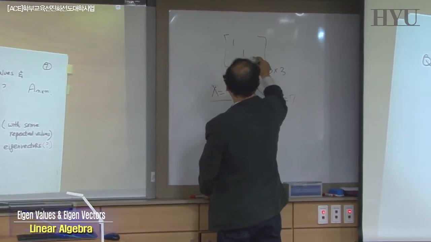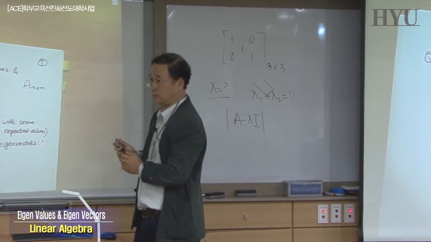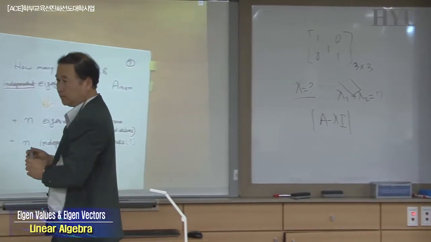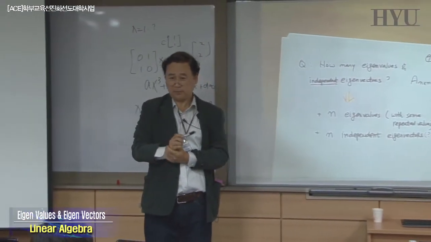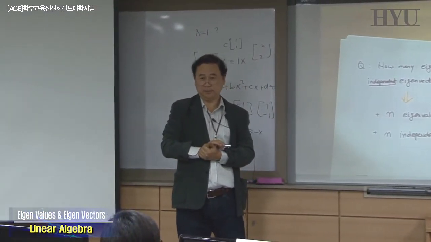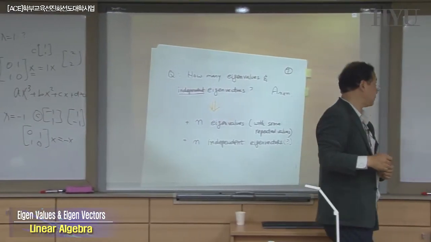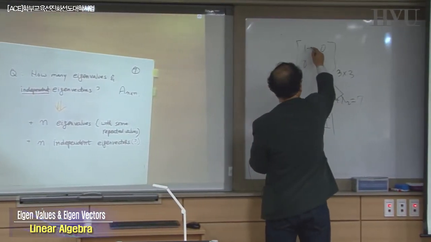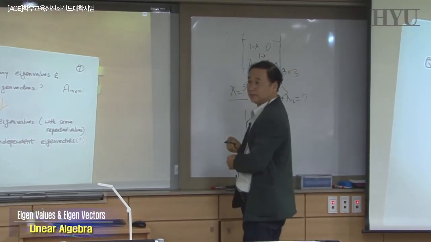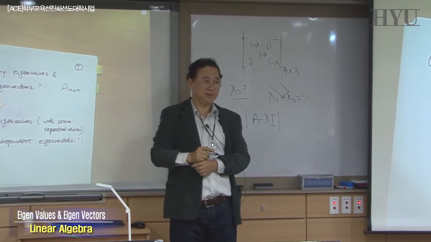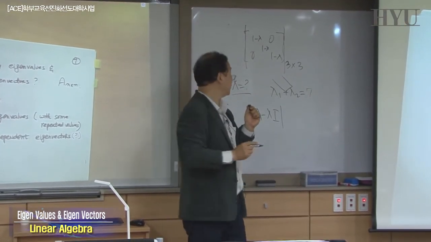What are the eigenvalues of this identity matrix? This is basically 1 minus lambda, 1 minus lambda, 1 minus lambda, right? 박창호, then what's this?